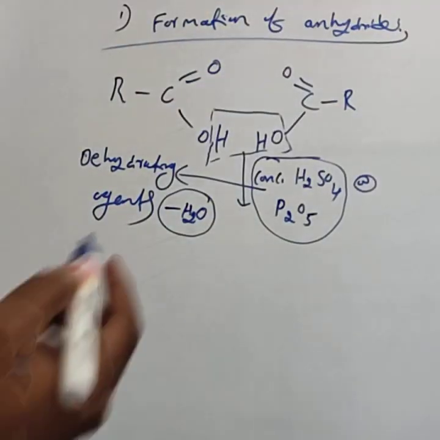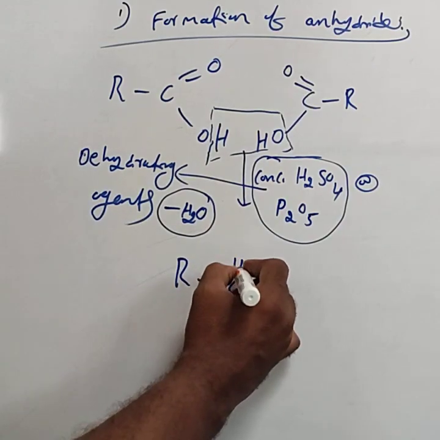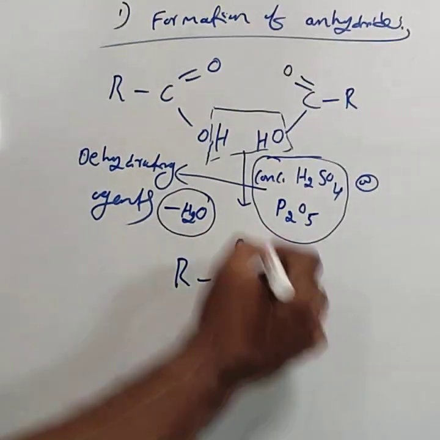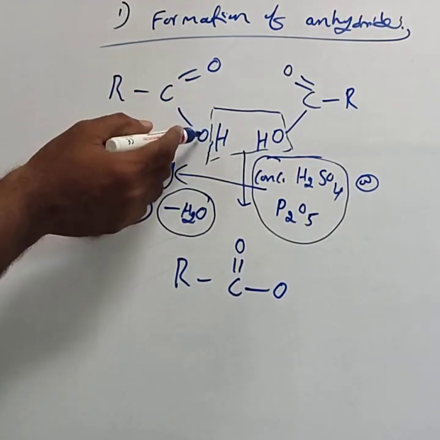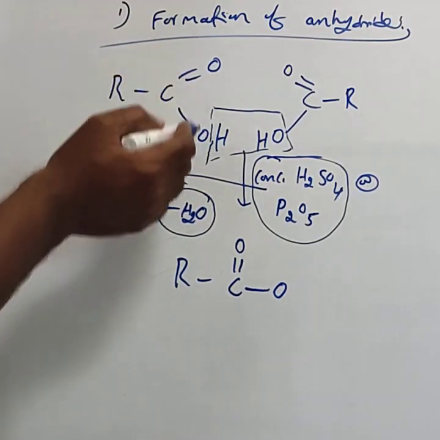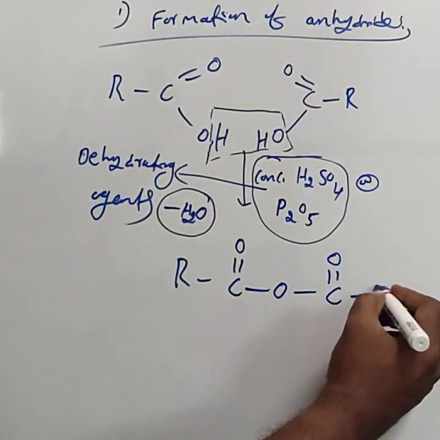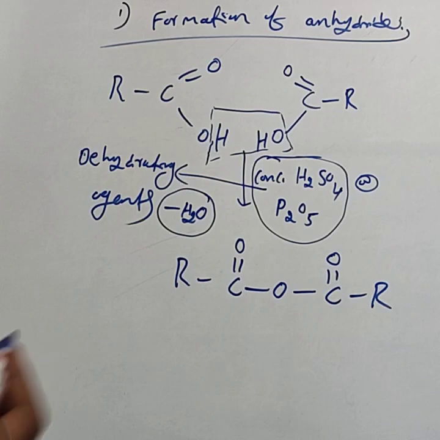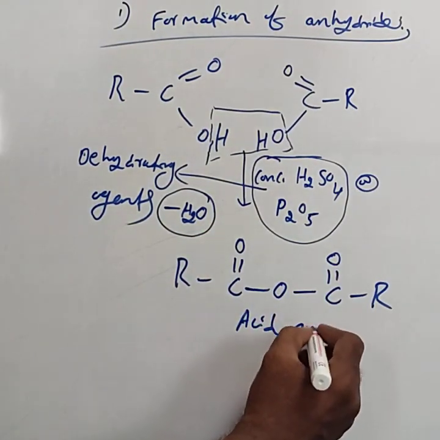Removal of the water takes place, resulting in the formation of RCOO. From this carboxylic acid RCOO to this COO, this CO gets linked. CO gets bonded. This is called an acid anhydride.